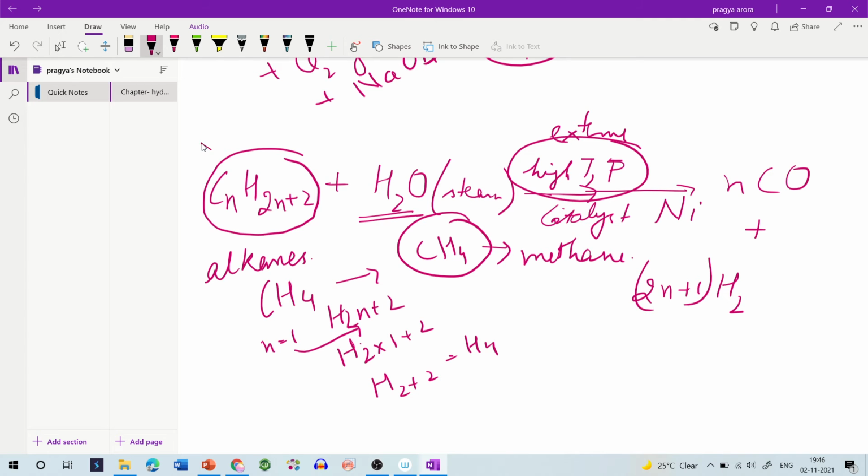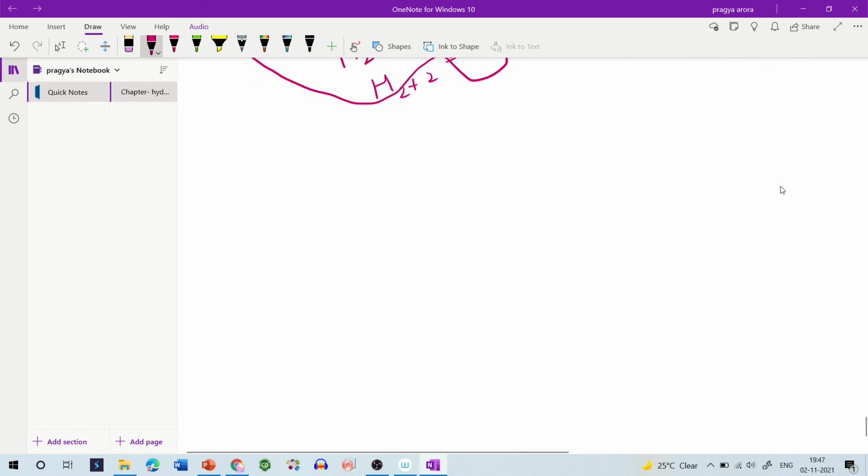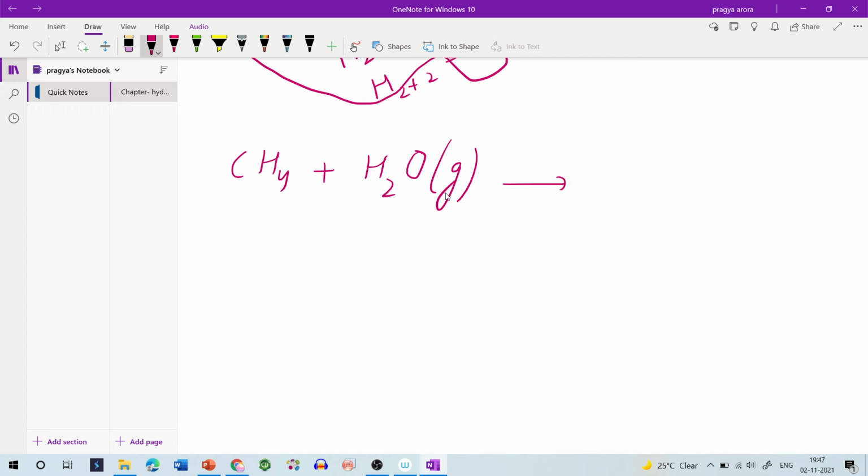So this is a general reaction: if you react any hydrocarbon, you will get 2n plus 1 moles of H2 gas and n moles of carbon monoxide. So let's write one example, the simplest one, that is CH4. If CH4 is reacted with steam, that is water, at high temperature and pressure, obviously water will convert into gas.